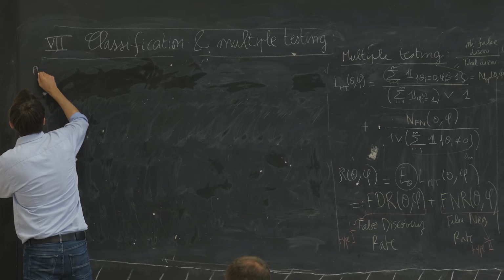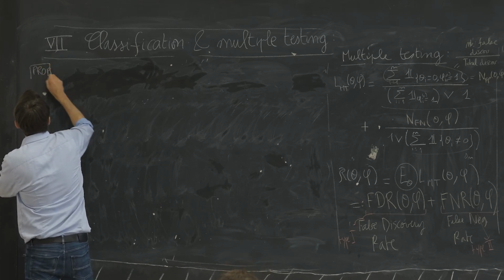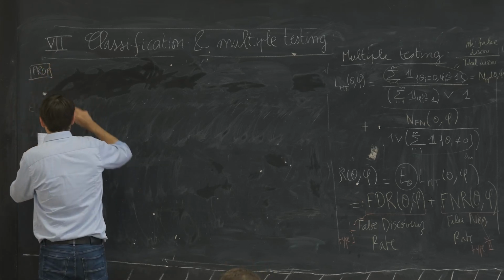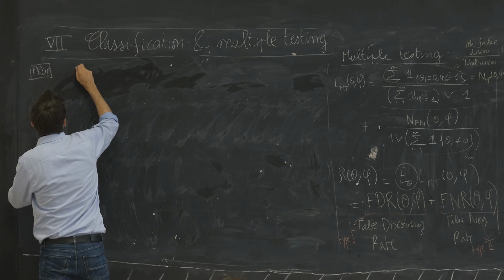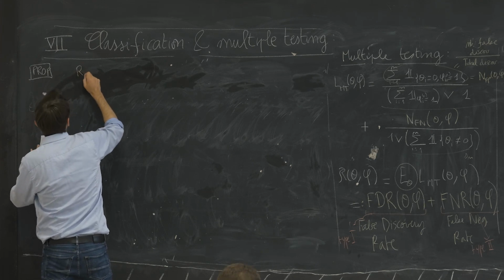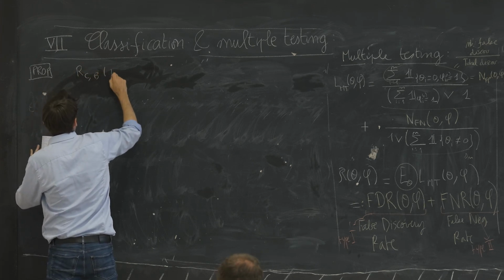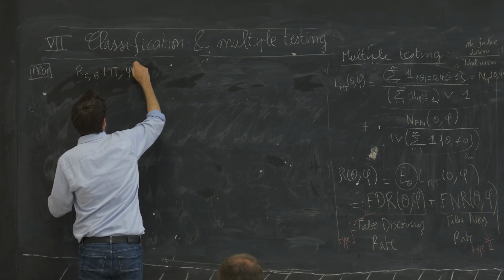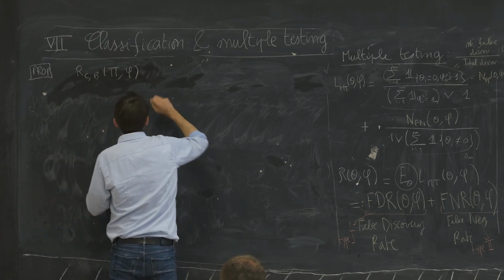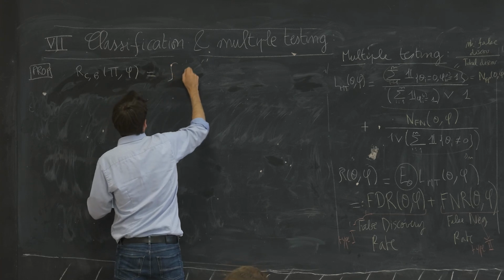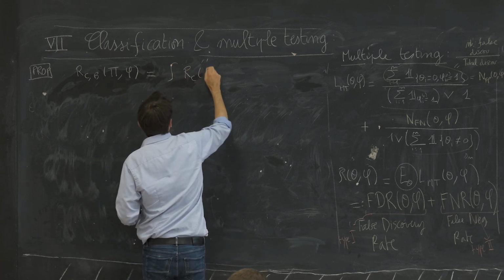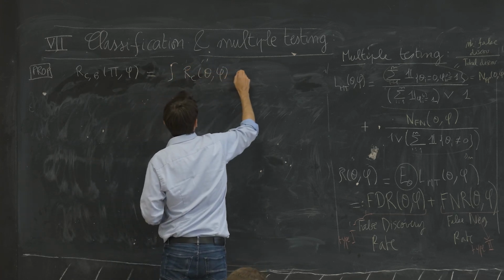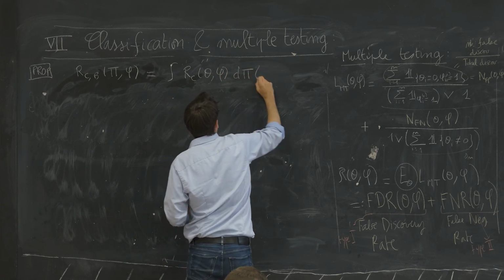So, a little proposition here as follows. Let me define the Bayesian classification risk for a prior pi and procedure phi. It is just the classification risk that I integrate against the prior.